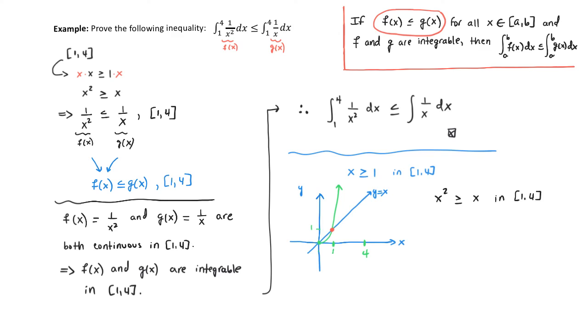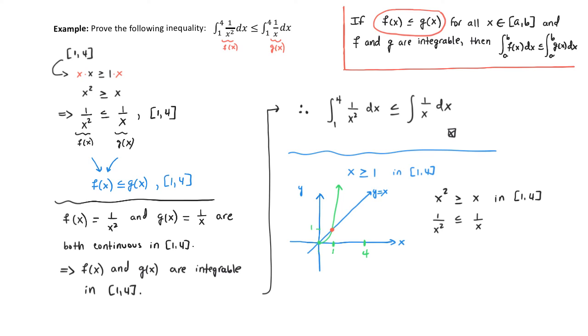And then that means taking reciprocals that 1 over x squared is less or equal than 1 over x. And then as soon as you get to that point, everything else, the argument is the same as before. You're going to argue that 1 over x squared and 1 over x are continuous, so they are going to be integrable.